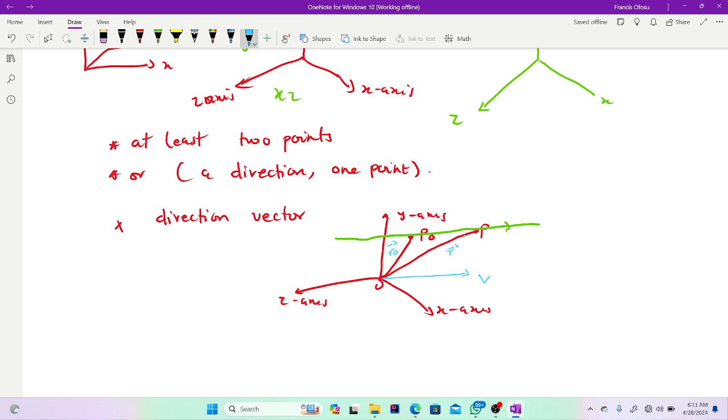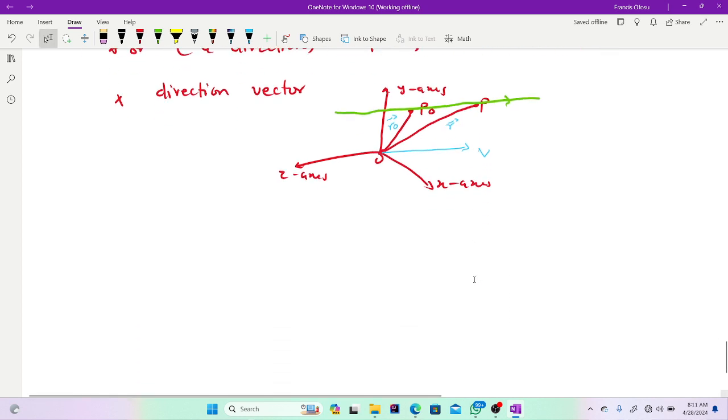So at this point, how do you find the equation of our line? Our line now is the vector P naught P, right? So the equation of the line is simply equal to the vector P naught P. What is the vector P naught P?